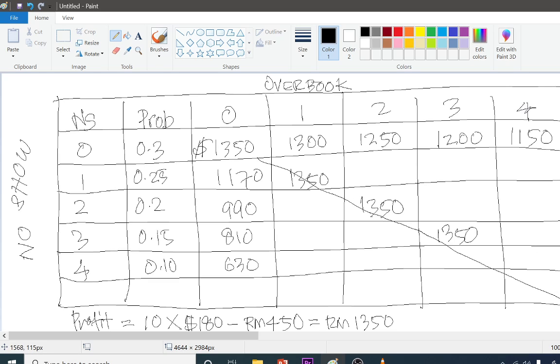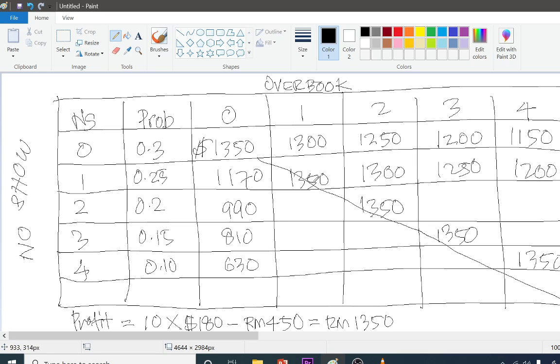And 4 overbook, 4 no show, again this is 1350. So iteratively, the same sequence of numbers follows. After 1350, it becomes 1300, then 1250, and then 1200.